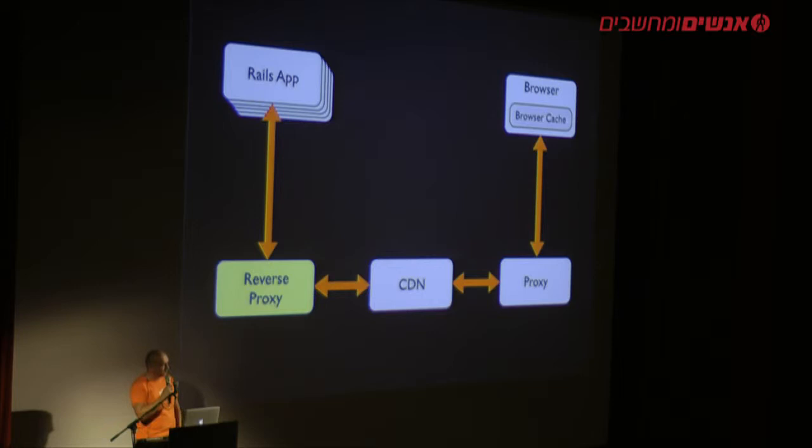Since we are talking about Rails applications, the way Rails works is that you have multiple application servers, and in front of them there is a reverse proxy server, be it Apache, Nginx, Varnish, or whatever else. This caching reverse proxy might also have caching in it, and only then do you get to the actual Rails application servers, which can also have caching enabled inside.